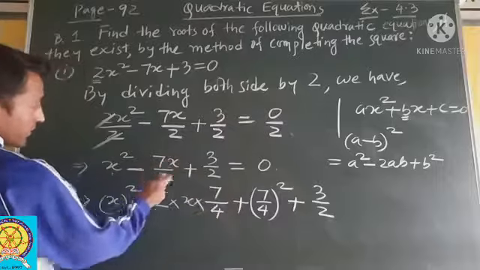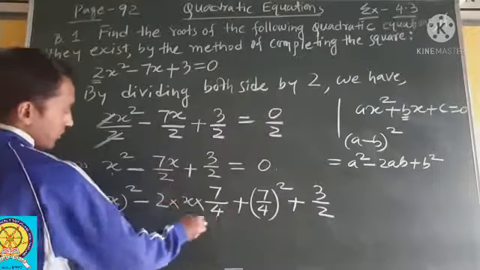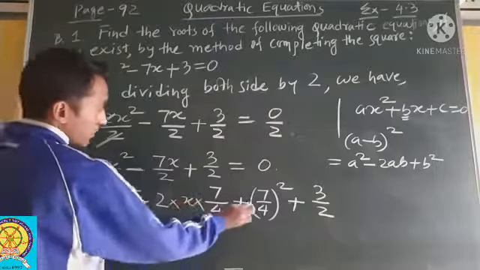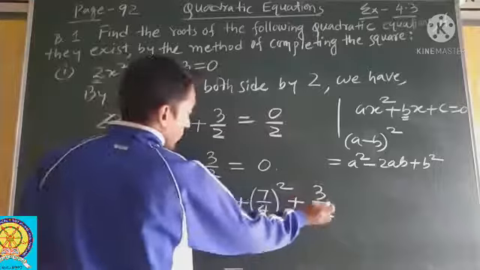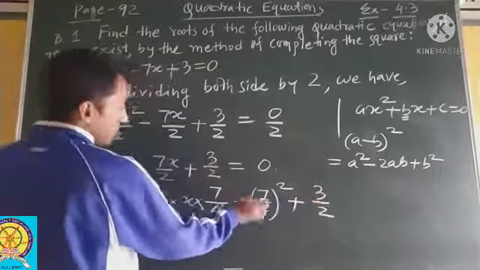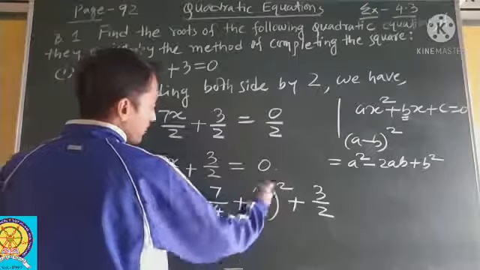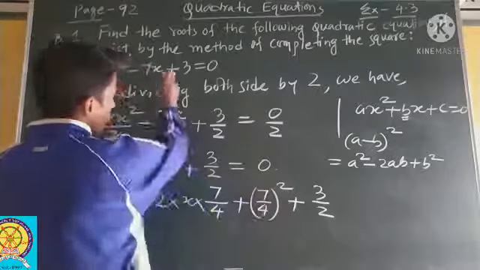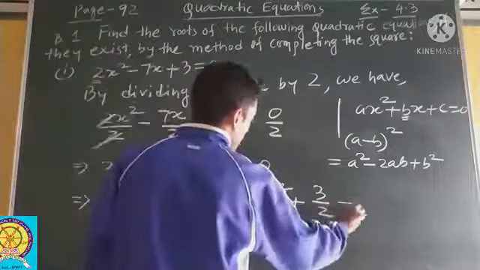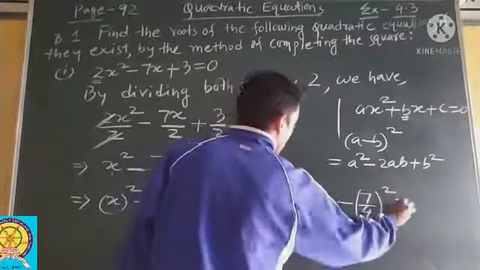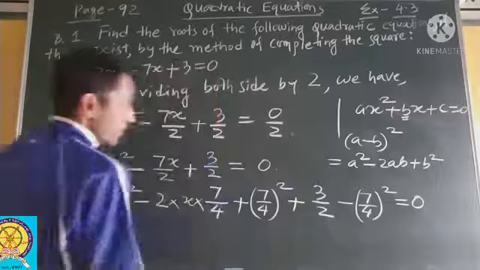You will get how much? 7x by 2. If you cancel 2 into the 4, then you will get 7 into x, 7x by 2. Then 3 by 2 is also in your question. But this part, 7 by 4 whole square, is not in your equation. So you have to again subtract 7 by 4 whole square, is equal to 0.